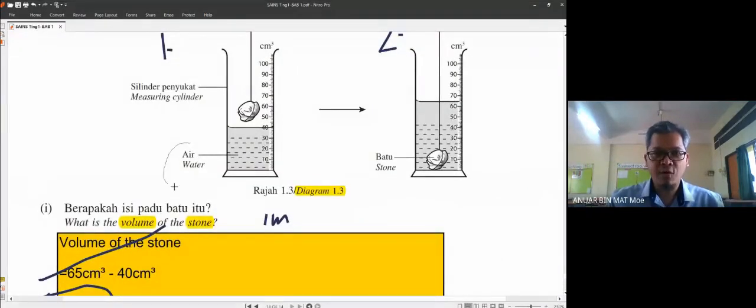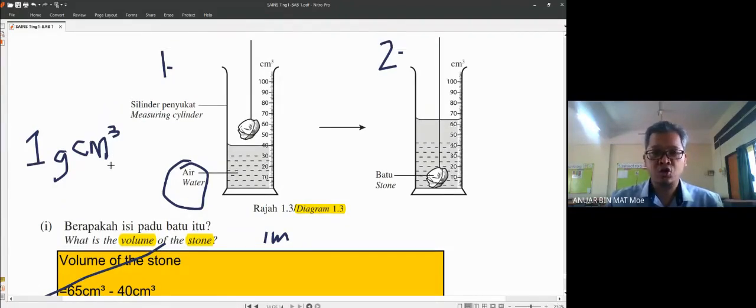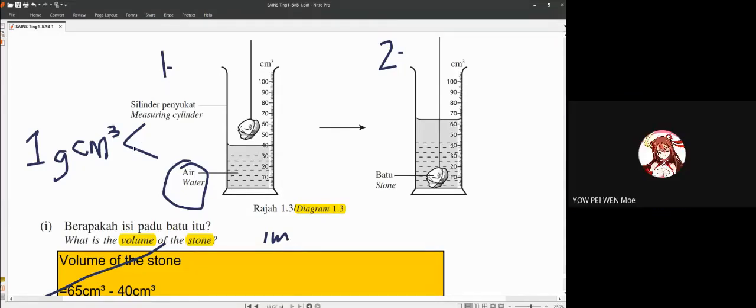The density of water is 1 gram per centimeter cubic. You have already learned this, I already told you. Anything less than 1 gram per centimeter cubic, what happens to the object? Does it sink or float?